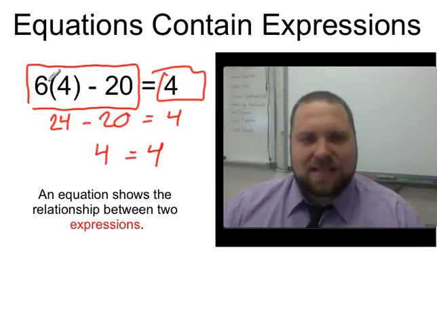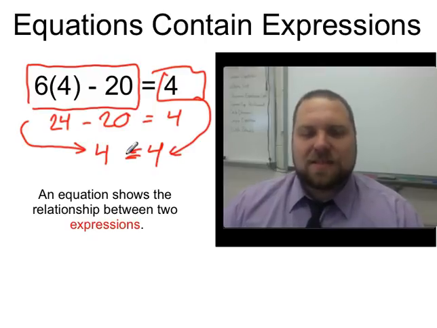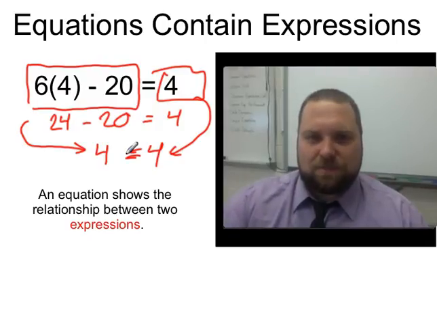And so what I can see is that this expression simplifies down into 4. This expression is 4. And so I'm showing that these are exactly the same by putting an equal sign between them. And so this is just some basic ideas of the language of mathematics. We can describe a number using an expression, or we can describe relationships between numbers using an equation.